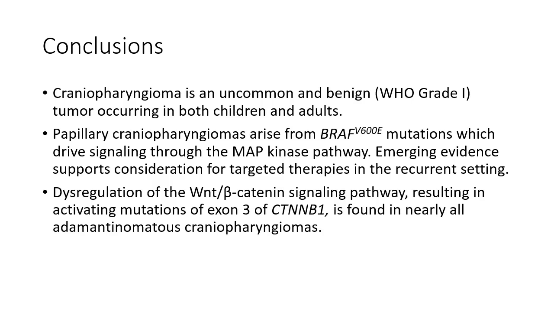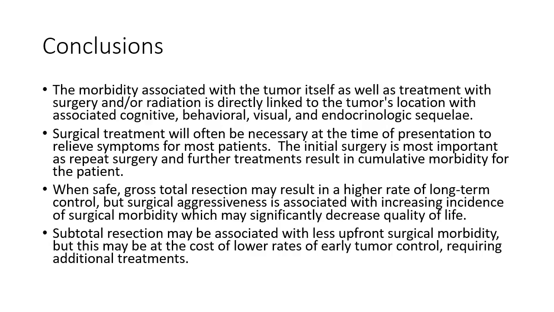Dysregulation of the Wnt beta-catenin pathway is found in nearly all adamantinomatous craniopharyngiomas. The morbidity associated with the tumor itself, as well as the selected treatment, is directly linked to the tumor's location, with associated cognitive, behavioral, visual, and endocrinologic sequelae.